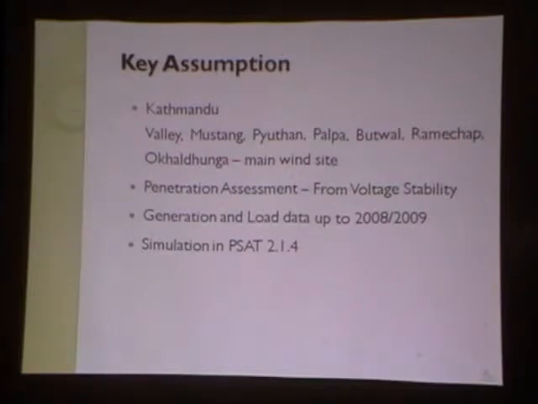For this case, generation and load data up to 2009 were taken into account, obtained from NEA, the Nepal Electricity Authority, and the simulation was carried out in PSAT 2.1.4. I should thank Professor Federico Milano for his contribution in PSAT. Otherwise, it would have been difficult for me to simulate.